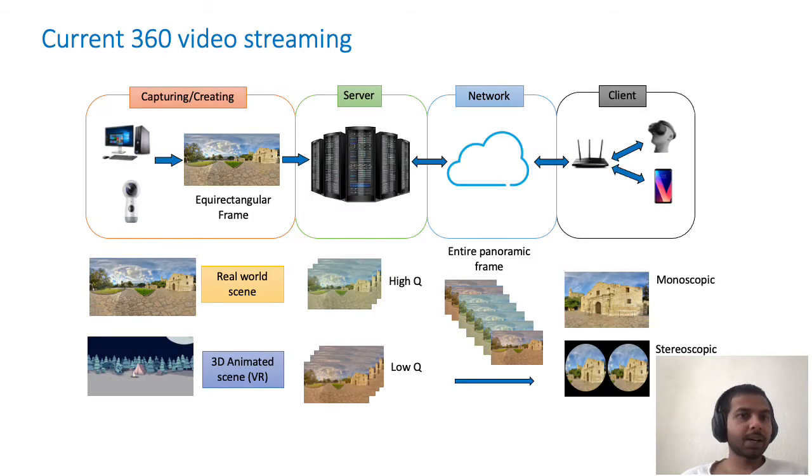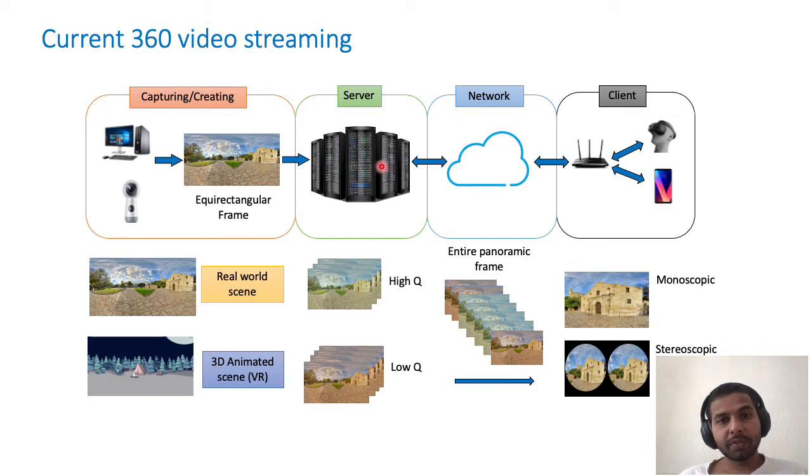First, let's see how the current 360-degree video streaming platform works. As you can see, first of all, we need to capture video frames using a specific camera called an omnidirectional camera, or using powerful computational platforms we can create 3D animated VR scenes. Once we have created these video frames, they will be stored in the content servers in different quality levels to support DASH video streaming.